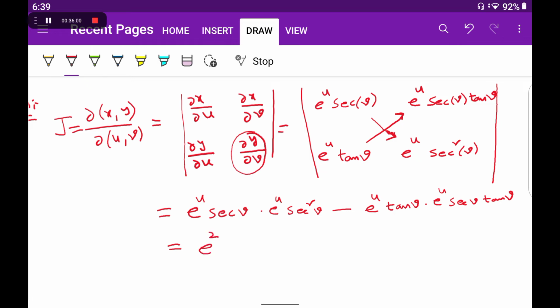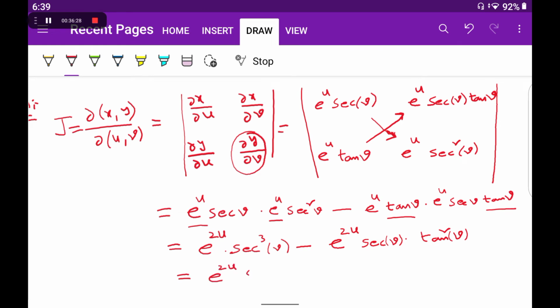It is e power 2u secant v into secant square v, secant cube v, minus e power 2u secant v into tan v tan square v. So you can take e power 2u common and also secant v common.